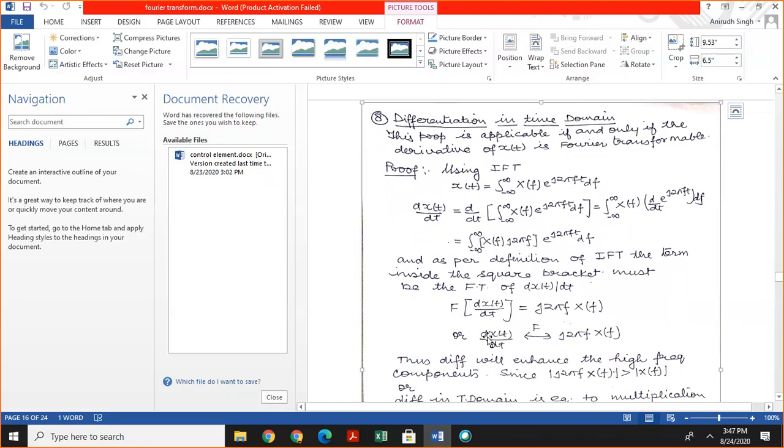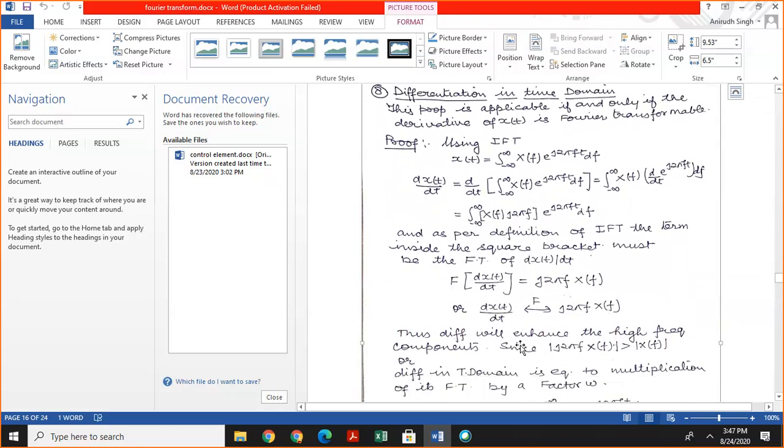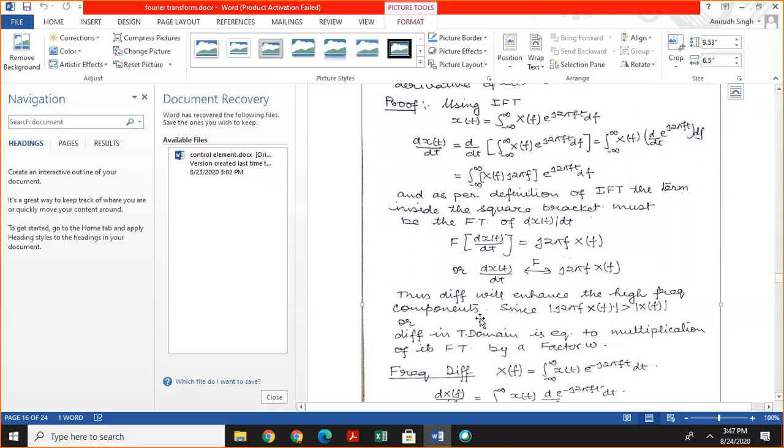We can also say that differentiation will enhance the higher frequency components, because the magnitude of this is greater than the magnitude of x of f.